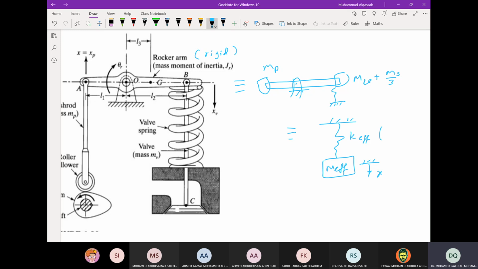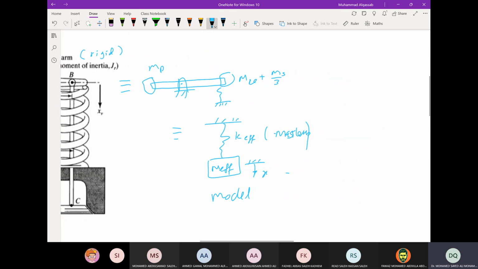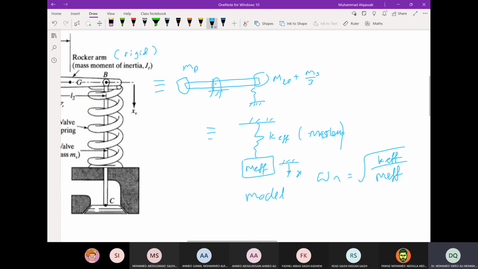And this spring is massless for the model. Okay, this is the model. Once we reach this model, omega n is the square root of K effective divided by M effective. To get K effective and M effective, we use kinetic energy.